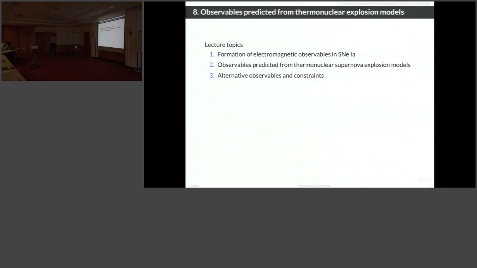And of course, electromagnetic observables are not the only information that we get on the models. This is perhaps the most useful one because we have most of the data from optical observations of Type Ia supernovae, but there are alternatives, and I will finally also at least mention some of these alternatives.